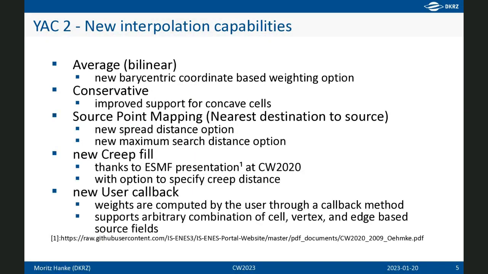A nice feature of that is that it supports arbitrary combinations of cell, vertex, or edge-based source fields. And at DWD, a user uses it to interpolate finite element basis functions directly onto any arbitrary output grid. But it can be used for anything else as well.